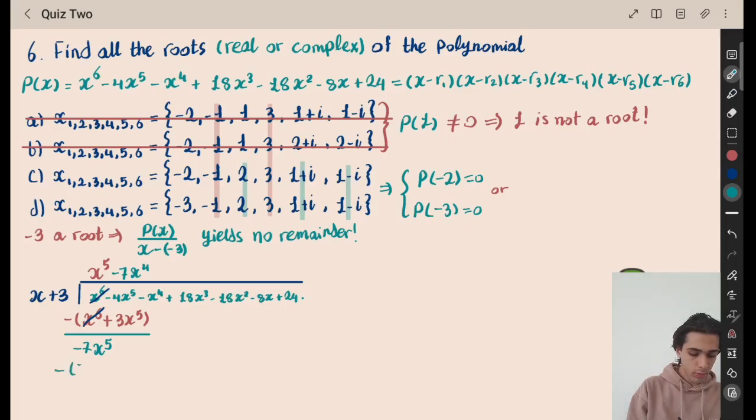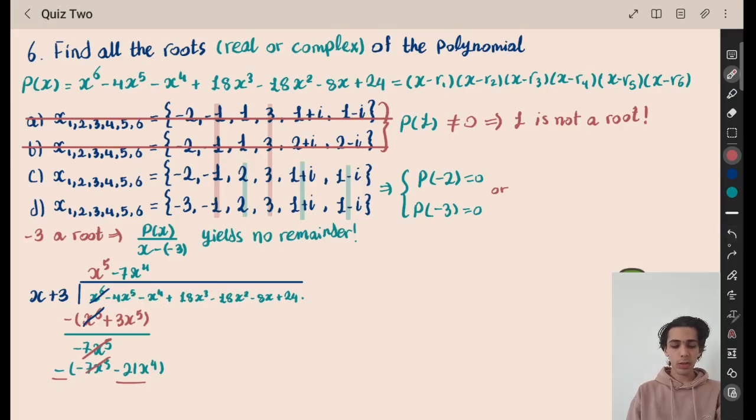And then it's minus 7x to the 5th again. And then minus 21x to the 4th. This always cancels out. And then we have this and that. So it's 21x to the 4th minus x to the 4th. So it's 20x to the 4th.